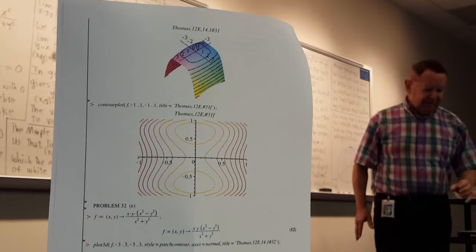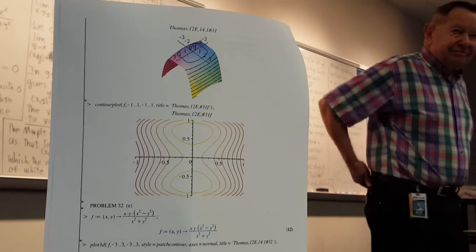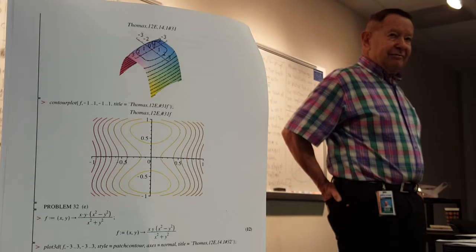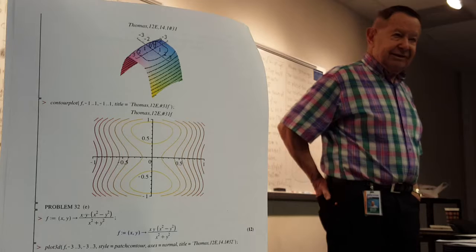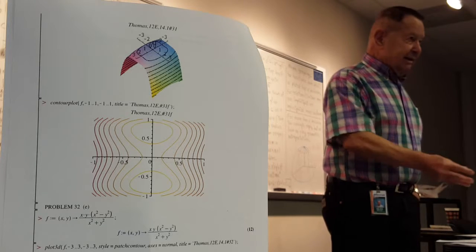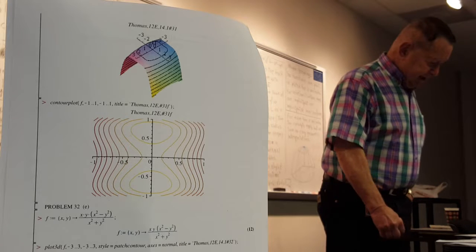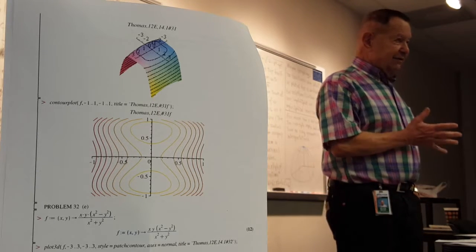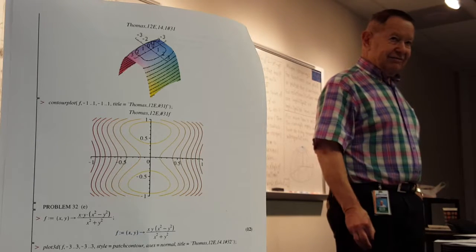They have a list of contour maps, A, B, C, D, and so on, and then a list of the graphs of the surfaces. What they want you to do is figure out which contour map goes with which surface.